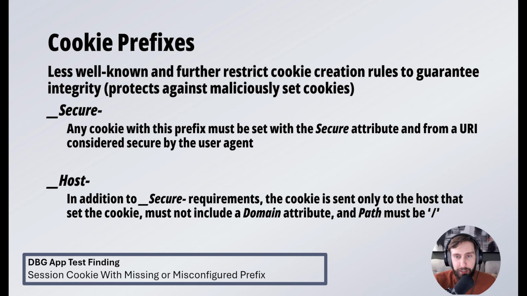The benefit in particular is to guarantee the integrity of cookies in order to protect against certain types of attacks. Just to give you one example, we talked about cookie tossing already.